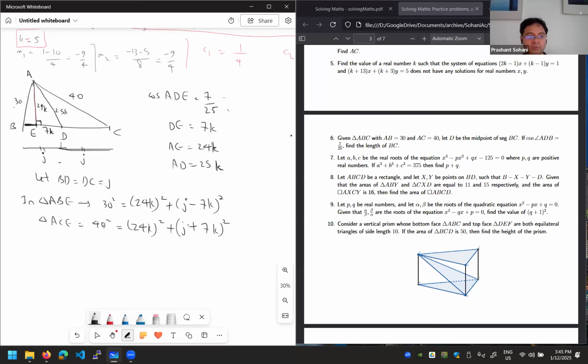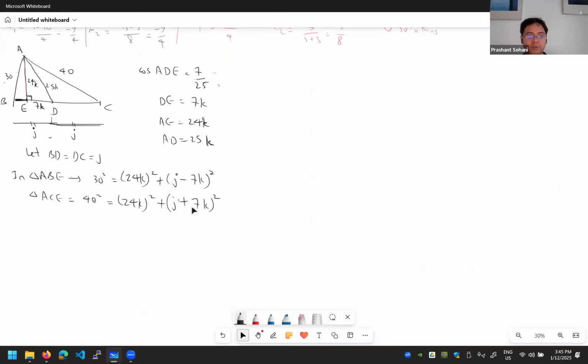Correct? So if I simplify it further, the first equation can be rewritten as 900 is equal to 24 square, keeping the 24 as it is, because of the Pythagorean triplet it will get combined. So 24 square plus 7 square will become 25 square, because you should know the standard Pythagorean triplet 7, 24, 25.